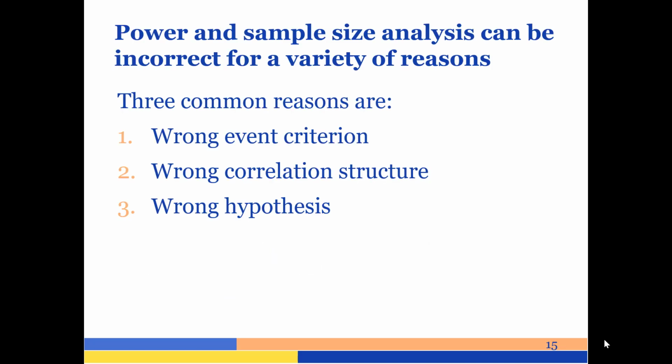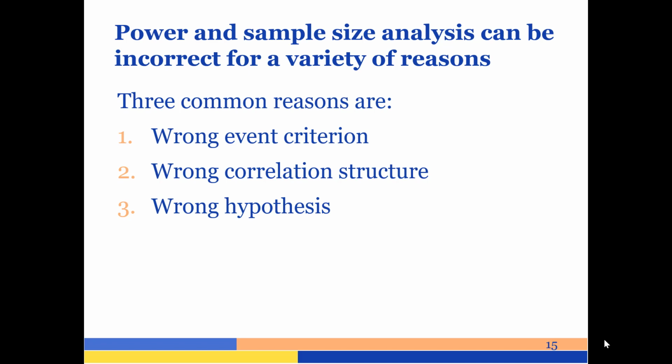Now we will talk about some of the ways in which misalignment can occur, resulting in incorrect power and sample size calculations. First off, you can have the wrong power and sample size for various reasons. You might be using the wrong criterion. An example of this would be using a p-value or a type 1 error, versus a confidence interval, which are different approaches to answering the question.